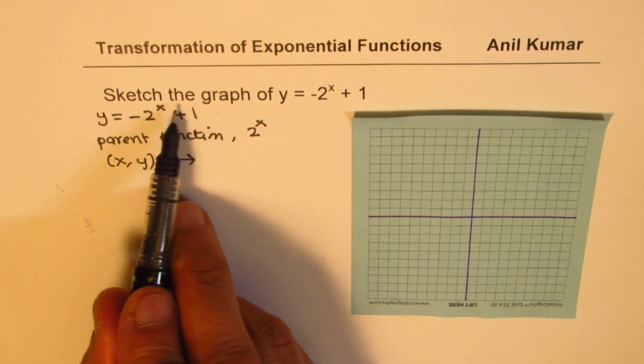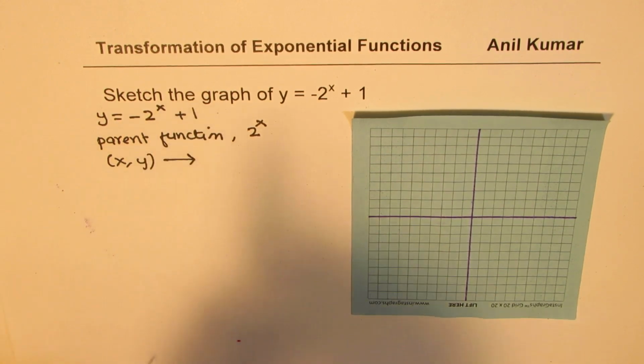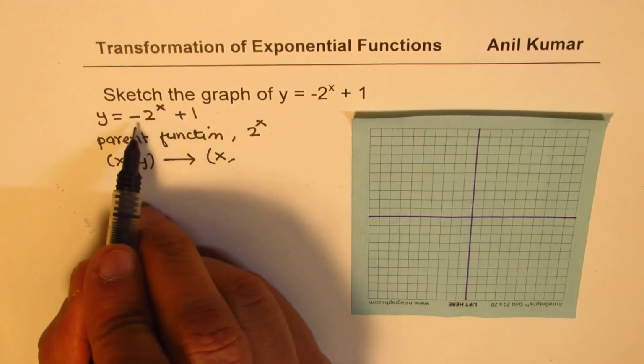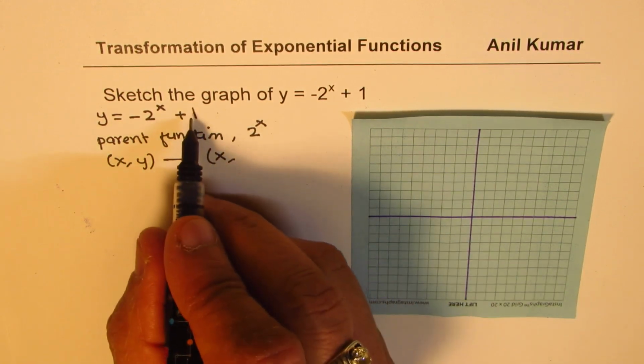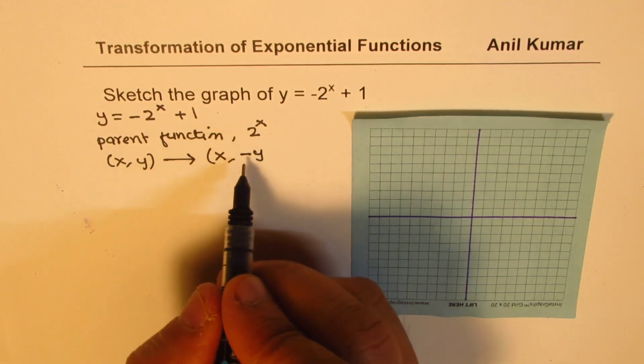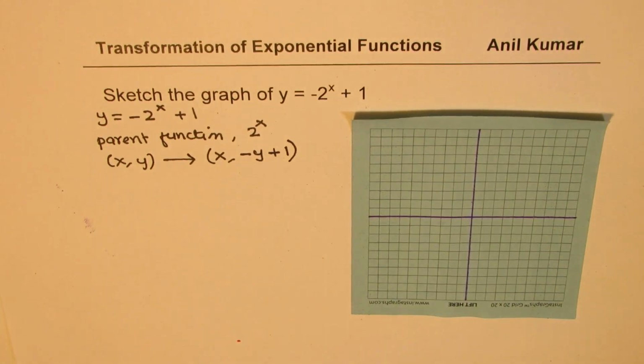So in this particular case, the only change is happening vertically, no change horizontally. So the x value will remain the same, however, the y value will get multiplied by negative and then you have to add 1. So we'll get that value by negative y plus 1, correct? So that is how we'll get our transformed points.